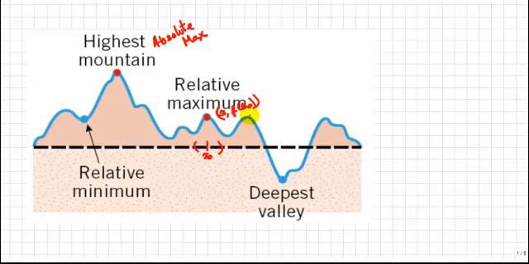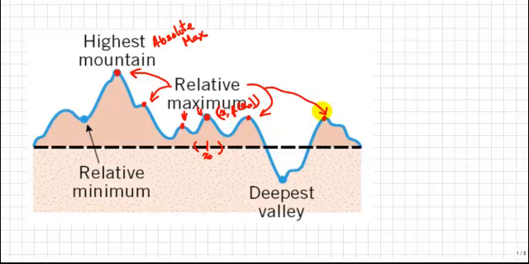Now there could be plenty of relative maximums. This point's a relative maximum, that's a relative maximum, that's a relative maximum. All of these points, even the absolute maximum, is considered a relative maximum. All these points and some more, I didn't label them all. These are all examples of relative maximums.